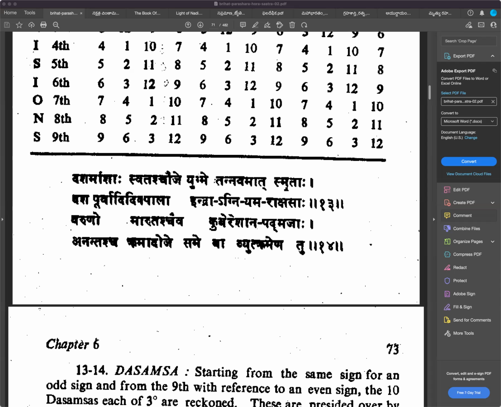You can see VP Goyal sir, available in Hindi and English. And one more person from Gujarat, CS Patel sir. They wrote complete information about Navamsha. You can read that one. You will get complete information about what the D9 is, how to read it, and what is available from D9.